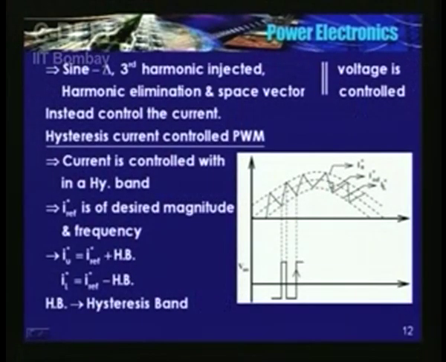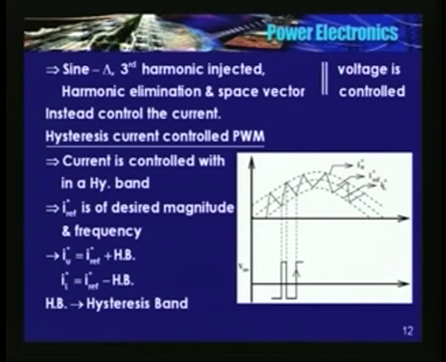Now, how do you choose this hysteresis band? The smaller the band, the waveform will be superior, because the current flowing into the machine is controlled within a hysteresis band, and that band itself is very small.